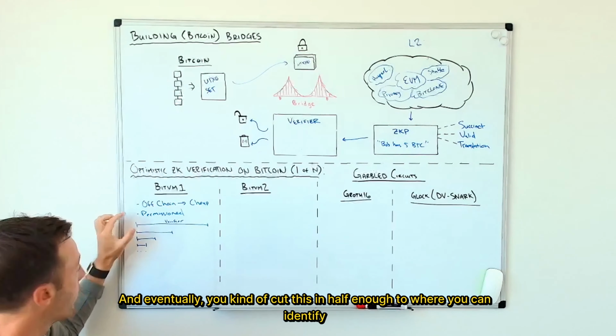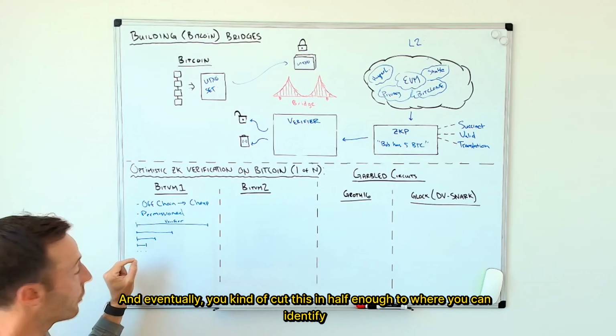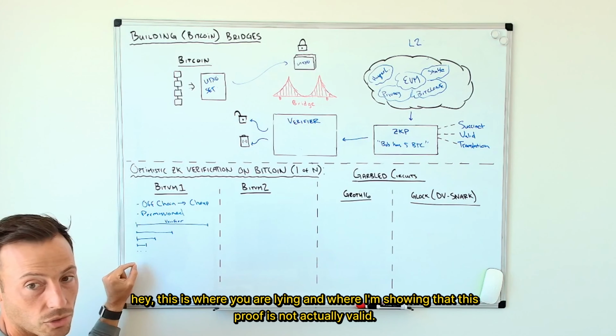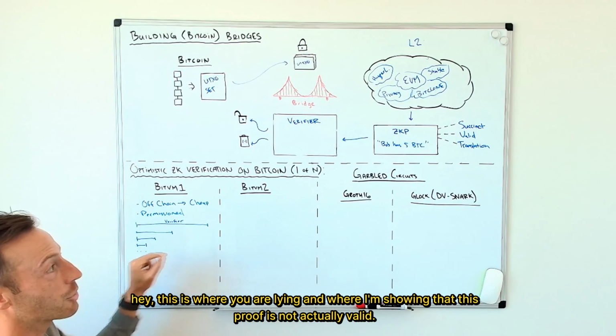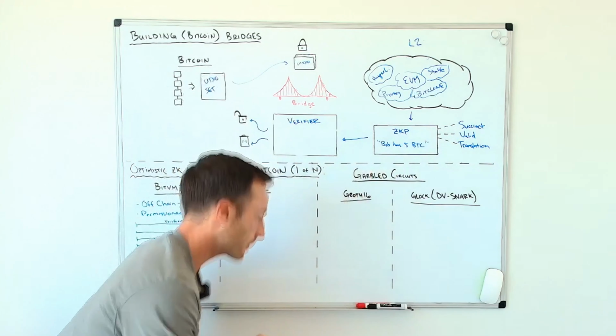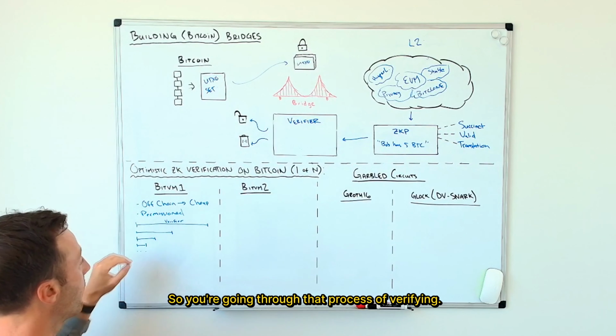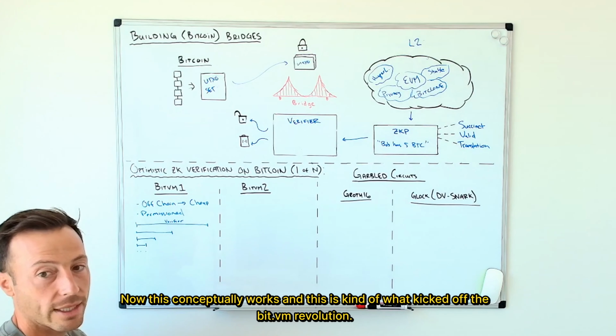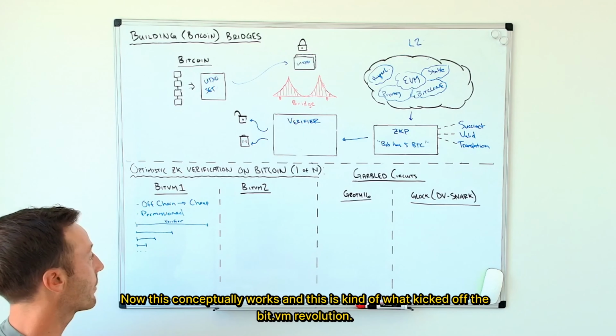And eventually you cut this in half enough to where you can identify, hey, this is where you are lying and where I'm showing that this proof is not actually valid. So you're going through that process of verifying. Now, this conceptually works, and this is what kicked off the BitVM revolution.